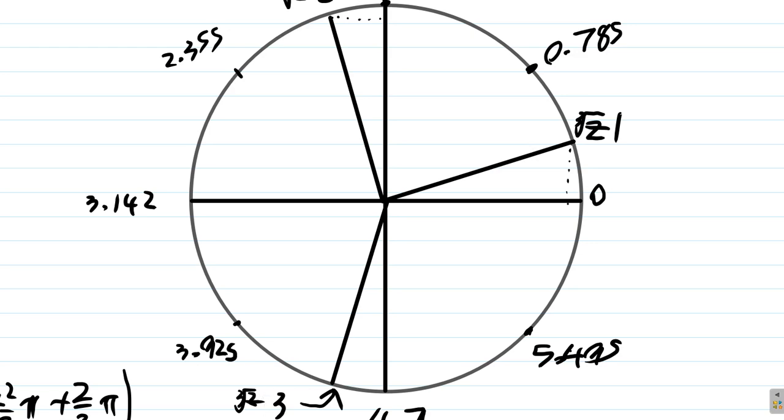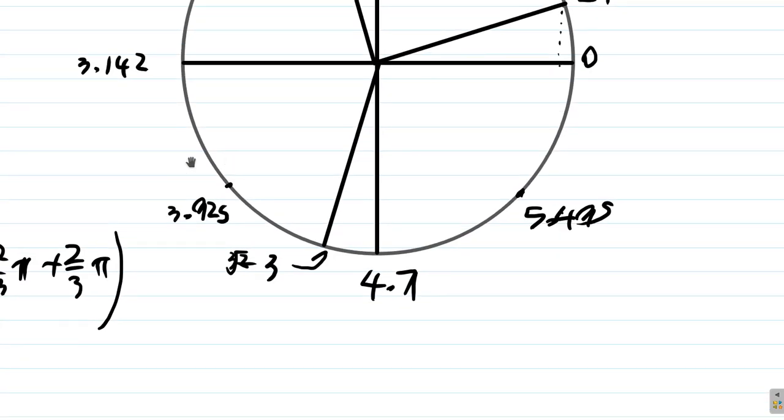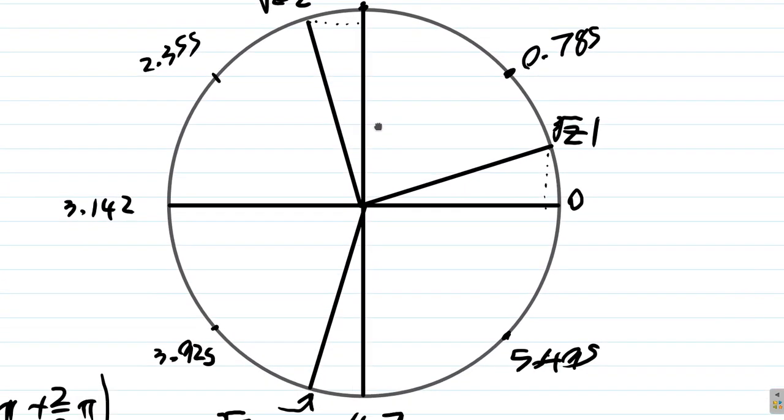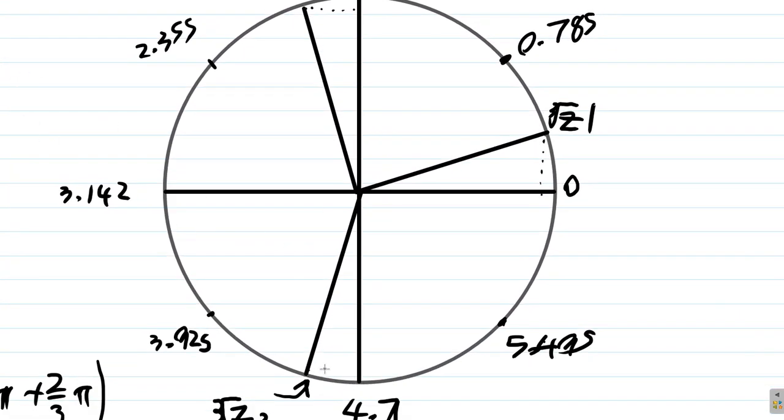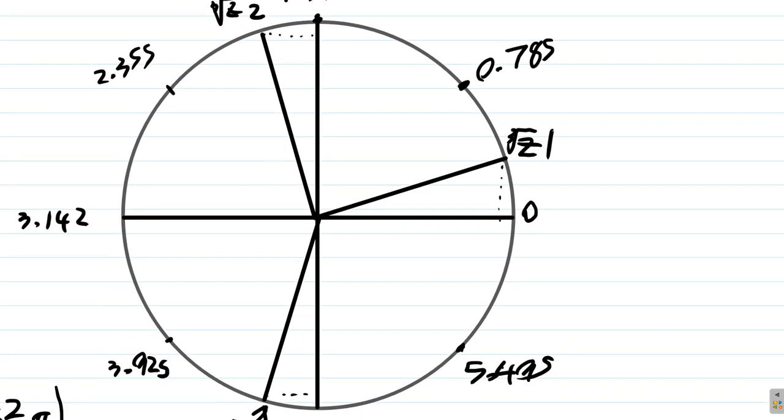Let me just rewrite this a bit neater. This is the cube root of z number 3, right here. So what you have to represent the complex numbers are this line, this line, this line.